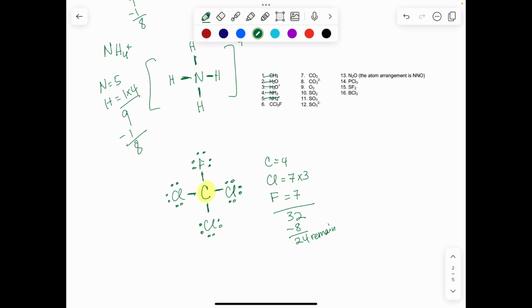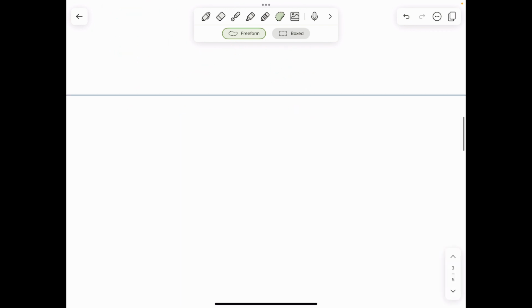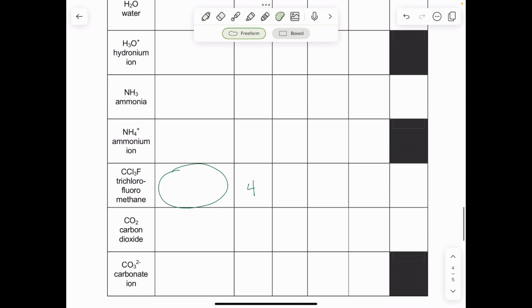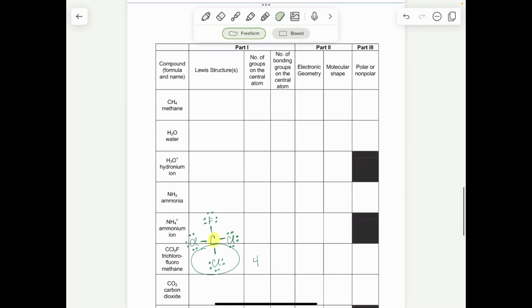So CCl3F looks like this. Copy. Paste. All right, CCl3F looks like this. Four pairs on the central atom, bonding groups on the central atom.